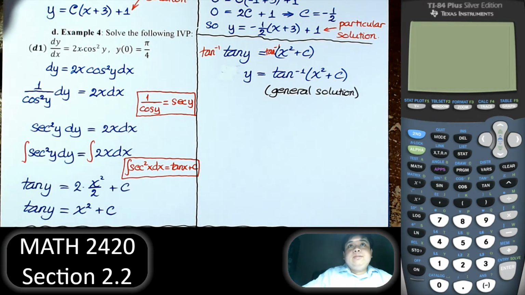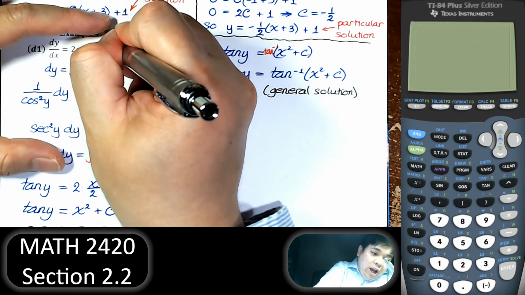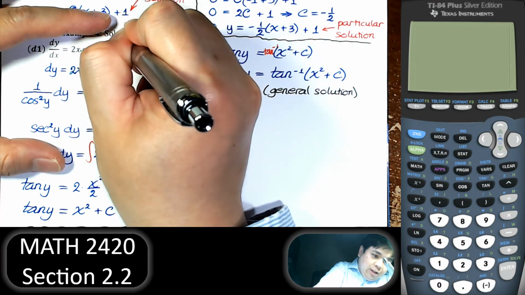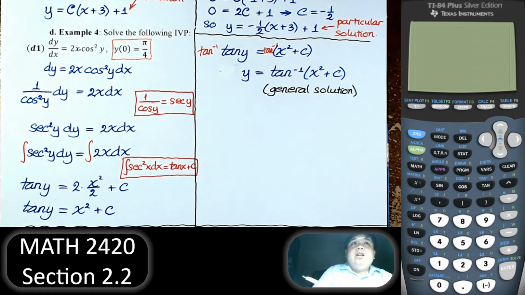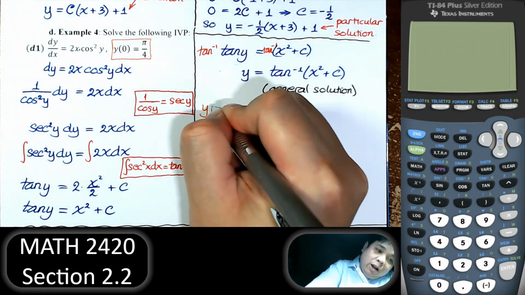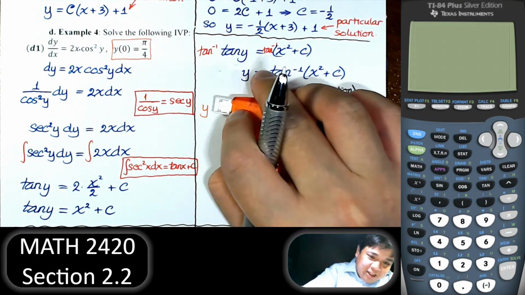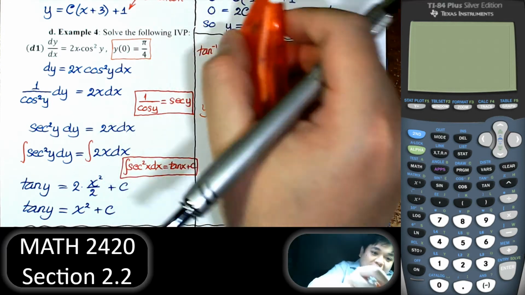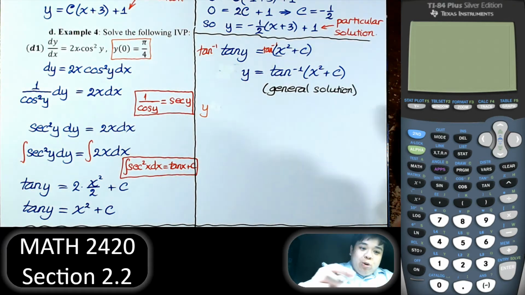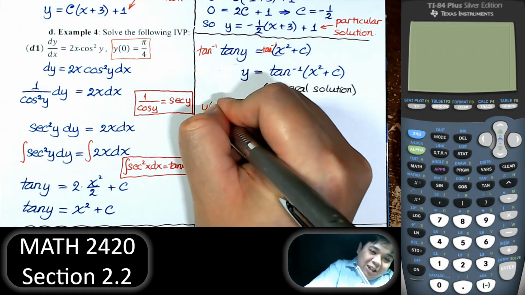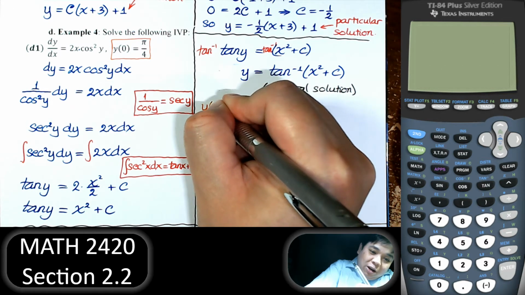Right. Now we have the initial condition y of 0. Usually when I do math I use pencil, but it's difficult to see if I write in pencil.